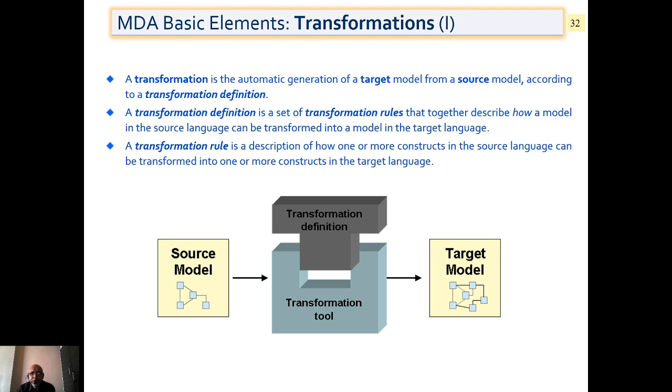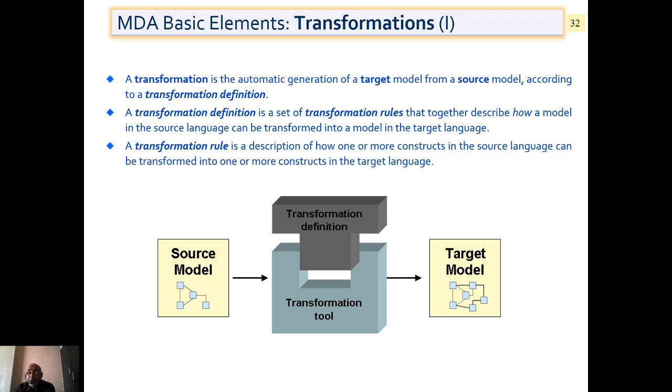Going next, here is the case. Whatsoever I have said up till now can be realizable with this diagram. You have got source model and target model. You have to have the transformation definition and you will take the help of a transformation tool. More than 20 transformation tools are available to date, right?